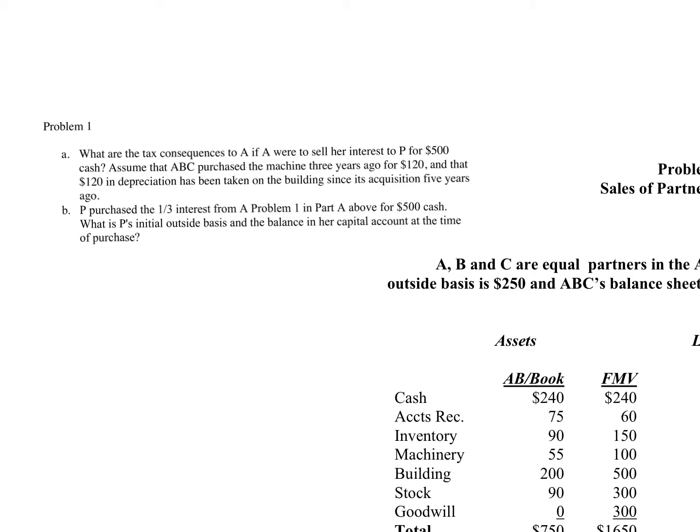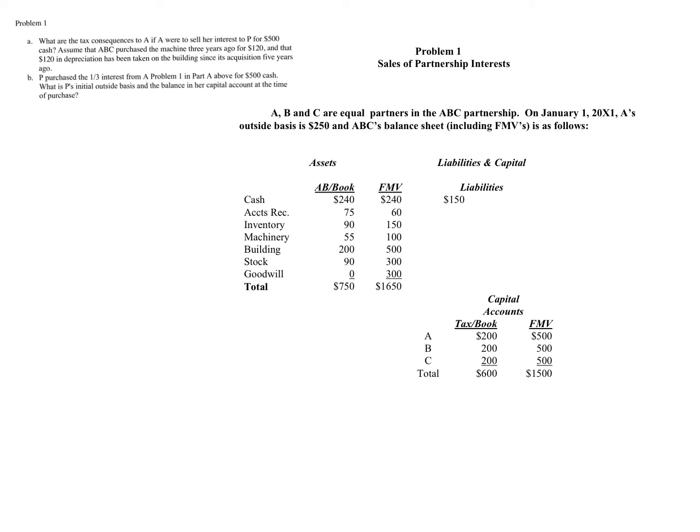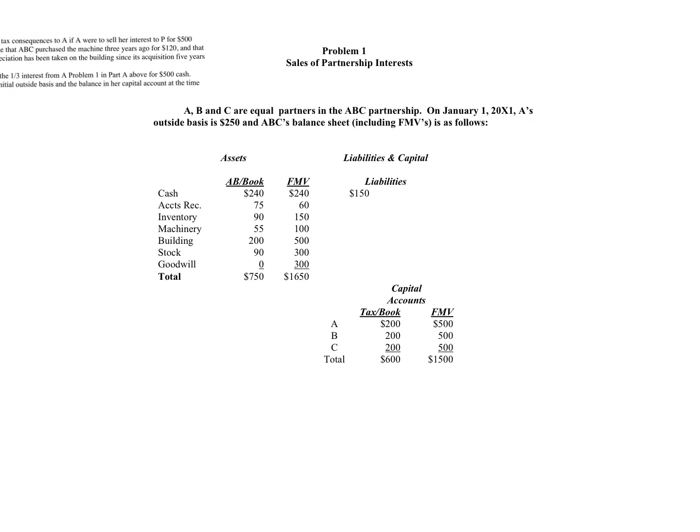And also, part of the same problem, P purchases the 1/3 interest from partner A for $500 cash. The question's asking what the consequences are to the selling partner, and then what the consequences are to the partner that is purchasing the partnership interest.